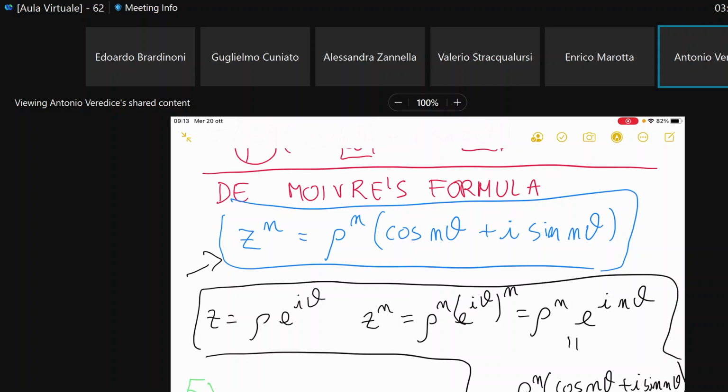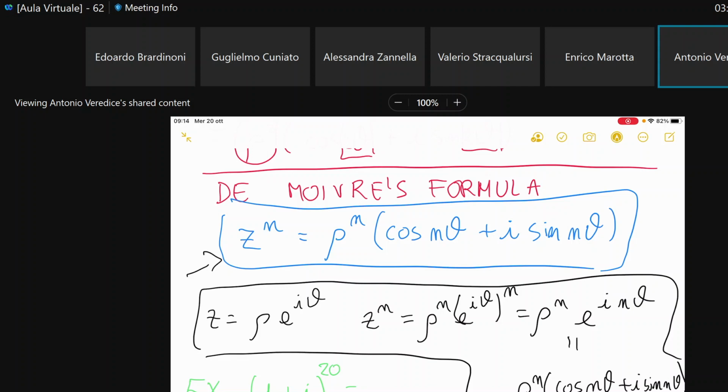So let's try to practice with this formula in an example, just to show you that it is useful also to compute powers with high degree, like 1 plus I to the power of 20, for instance. How to compute it using the Cartesian form of the number? Okay, it's hard.